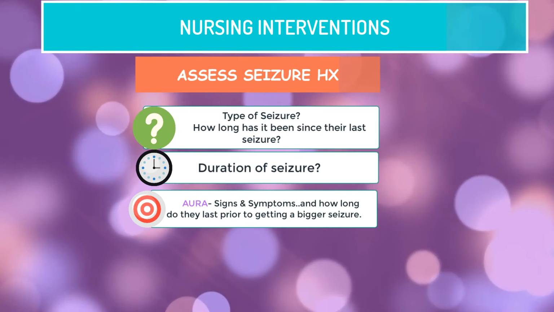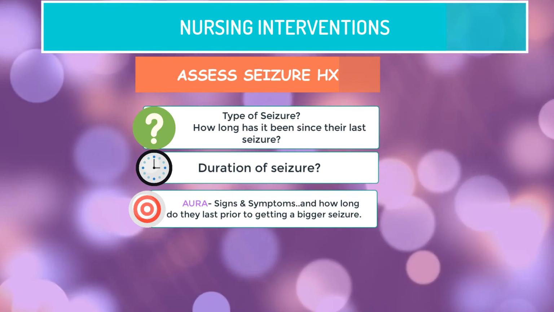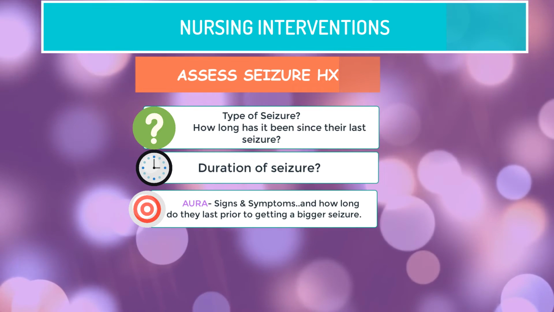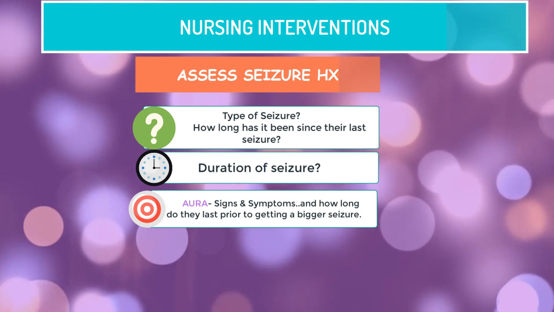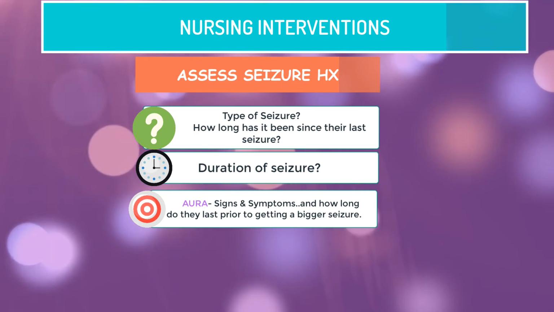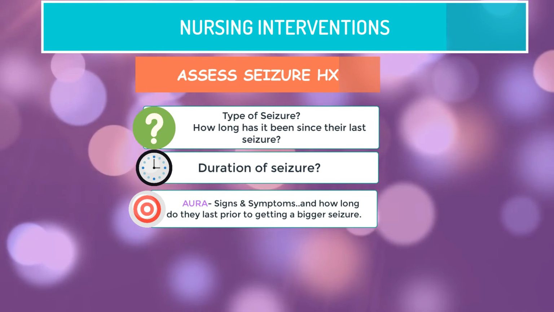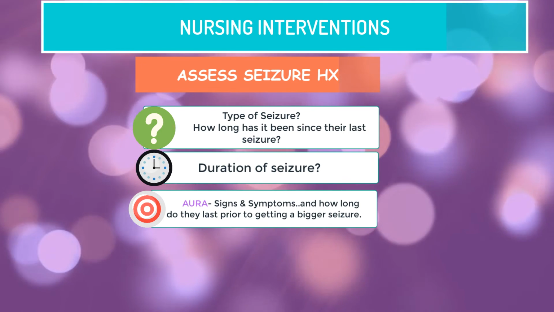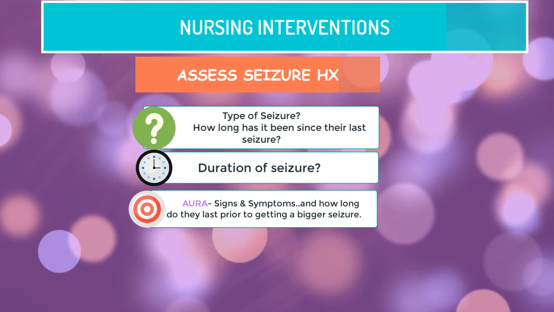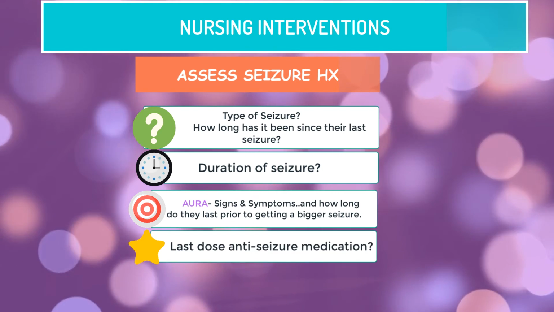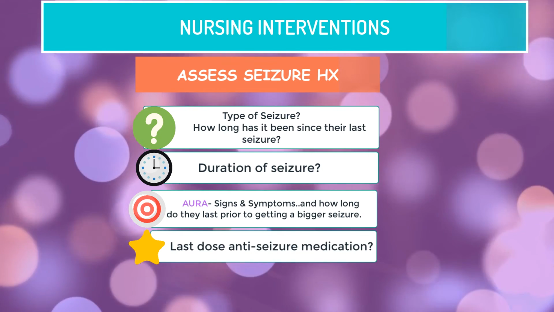Do they have an aura? Do they have those signs and symptoms that will tell them a bigger seizure is about to come? And how long does the aura last prior to getting a bigger seizure? These are all super important questions that would allow you to care for your patient better in order to prevent a negative patient outcome. Very important.